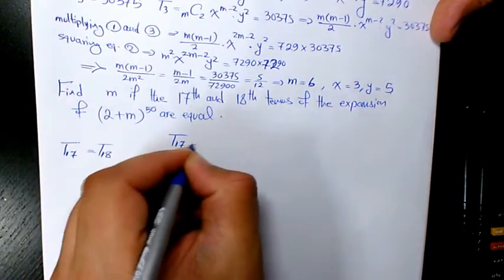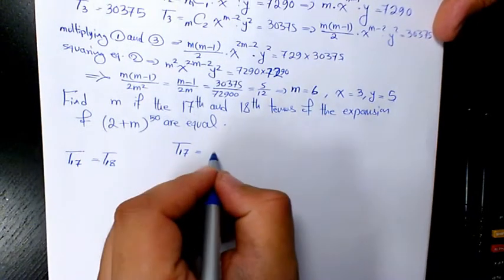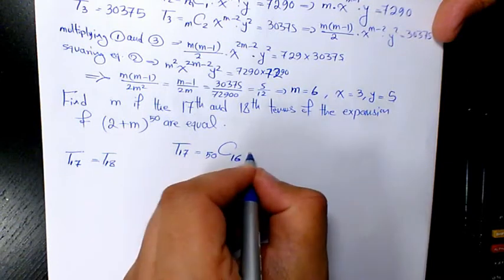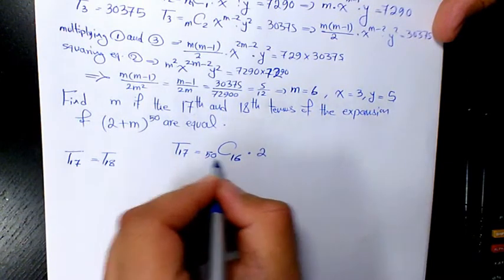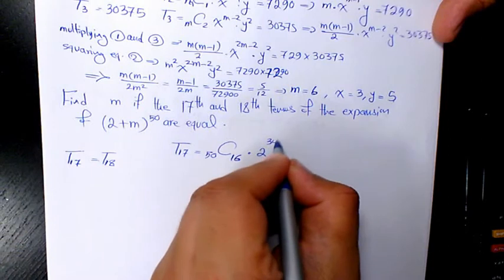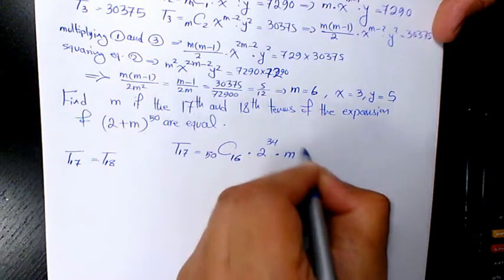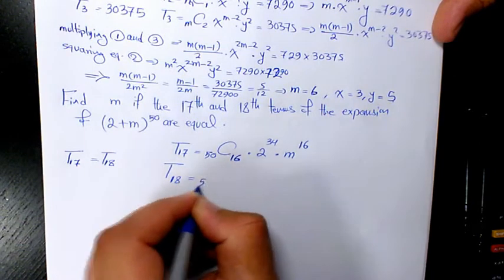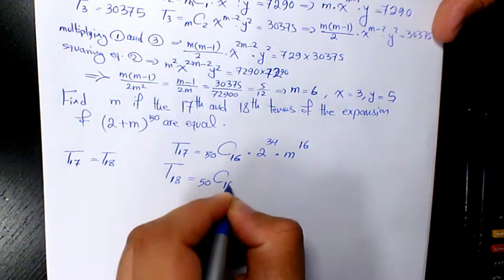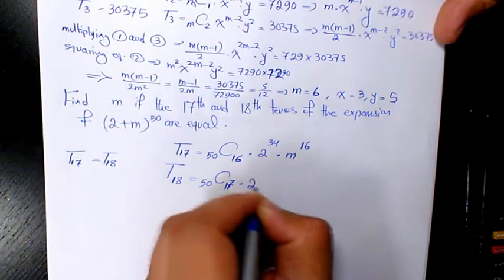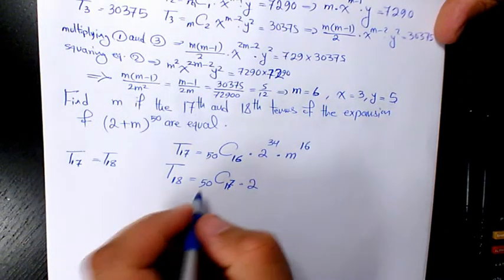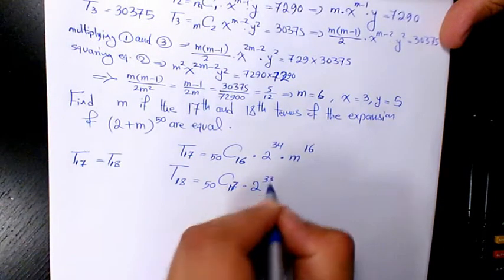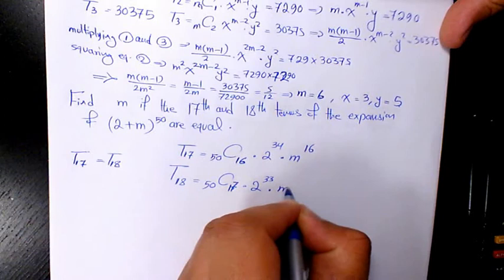T17 is 50C16 times 2 to the power of 50 minus 16, which is going to be 34, times m to the power of 16. T18 is going to be 50C17 times 2 to the power of 33 times m to the power of 17.